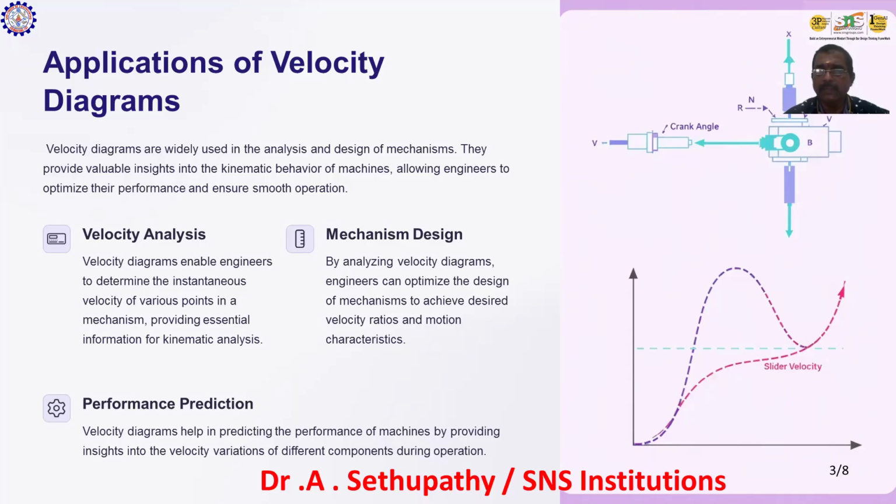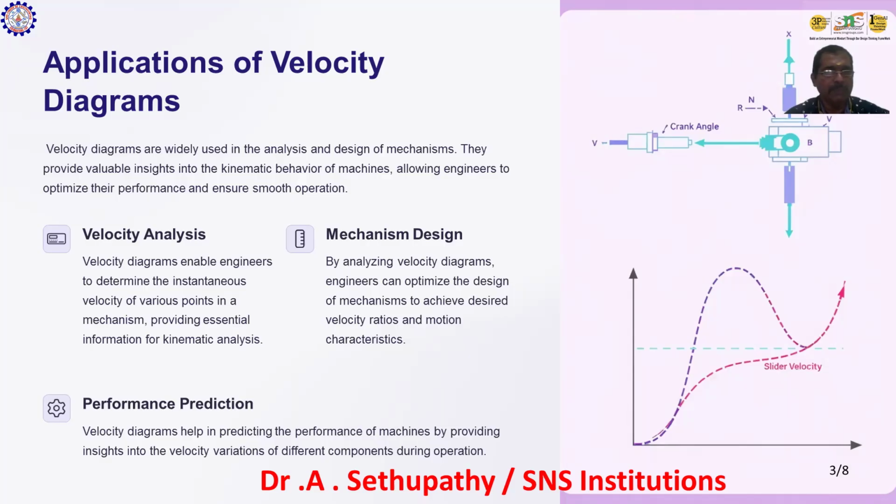Velocity analysis diagrams enable engineers to determine the instantaneous velocity of various points in a mechanism. In mechanism design, by analyzing velocity diagrams, engineers can optimize the design of the mechanism: how much velocity is created inside the links, how much load is withstood by the links, and how they rotate and work.